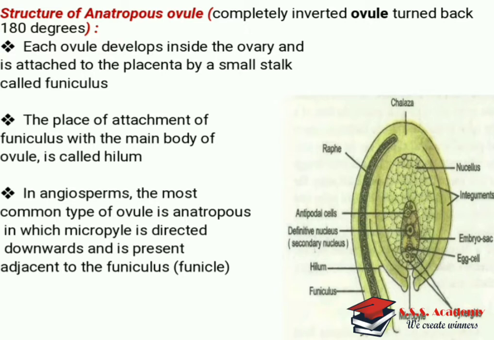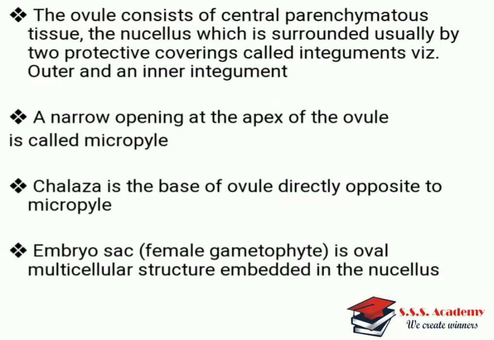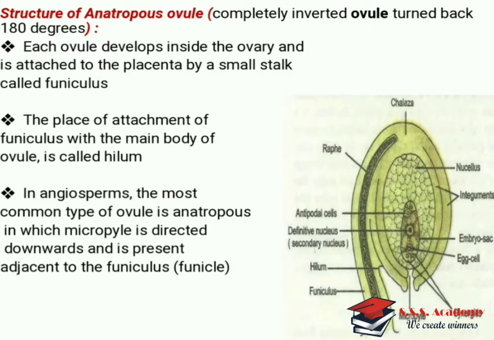It is oval in nature, a multicellular structure embedded in the nucellus. So this is the structure of anatropous ovule. You are supposed to write all these points along with the diagram.